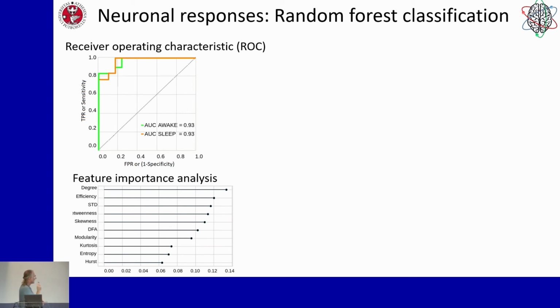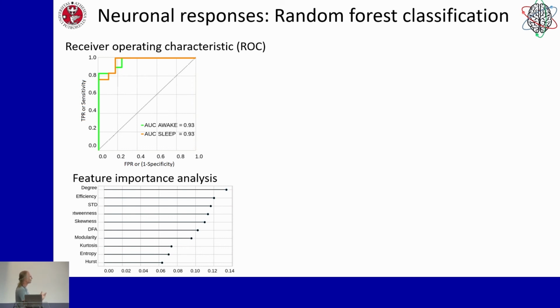But now what we wanted to understand is, in this huge success rate, which features of our response maps are actually contributing to these differences in the state, because our exploratory data analysis didn't show that at all. To understand this, we used a random forest classifier, which does not always use all the features that you feed it to search for a difference, but a random subset of features.